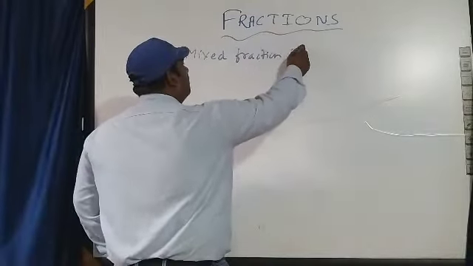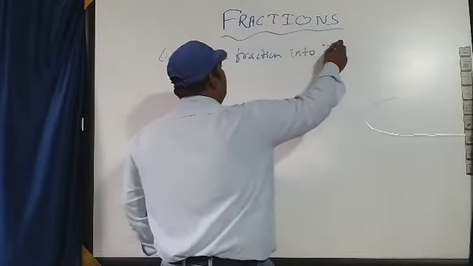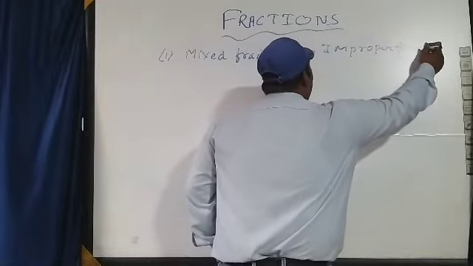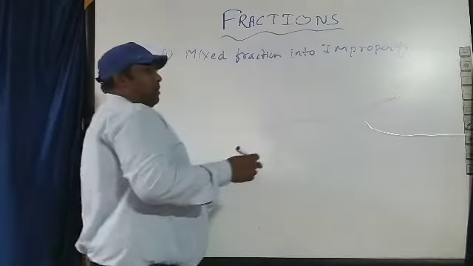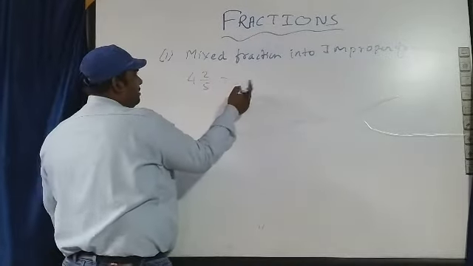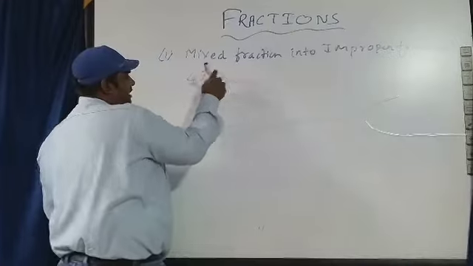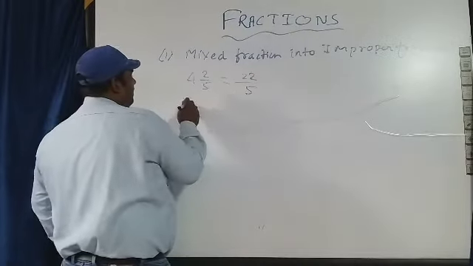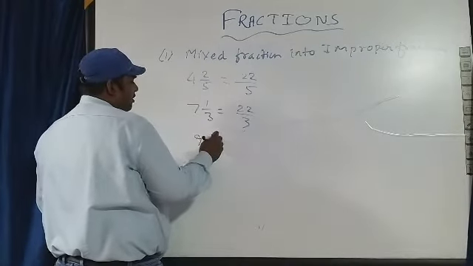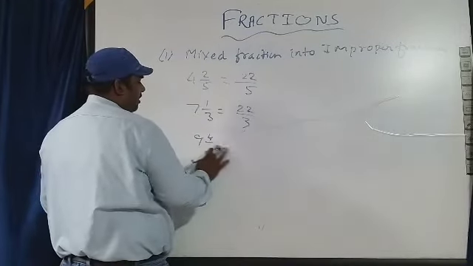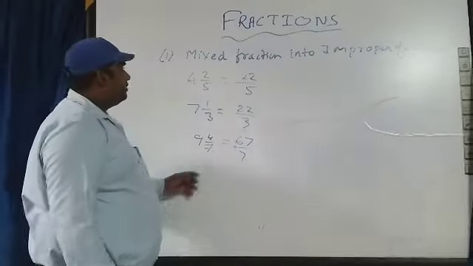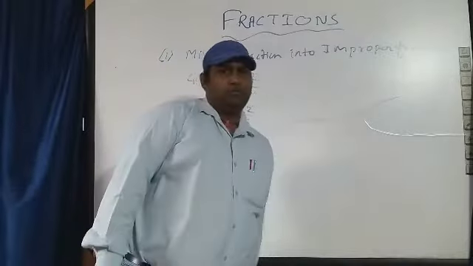Mixed fraction into improper fraction. Suppose it is given 4 2 by 5. You have to convert into improper fraction. 5 into 4 is 20, and 2 is 22, so 22 by 5. 7 1 by 3 is easily 22 by 3. By this we can convert a mixed fraction into an improper fraction.